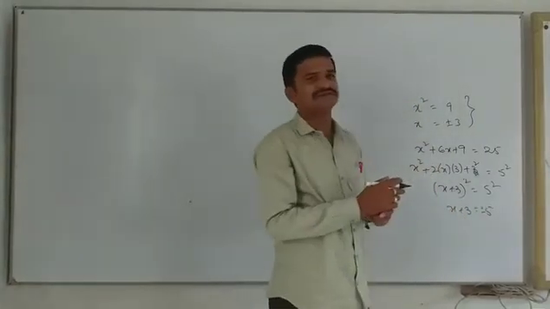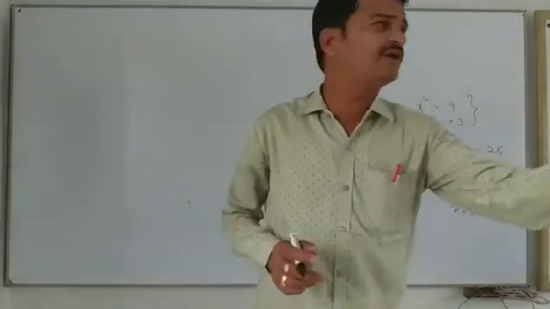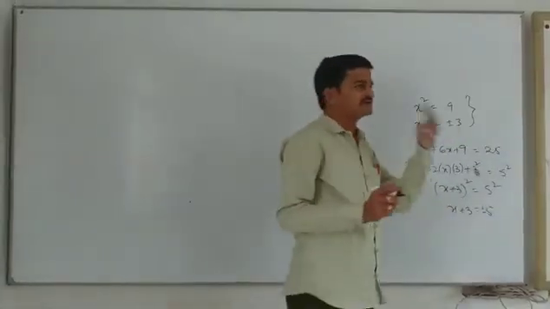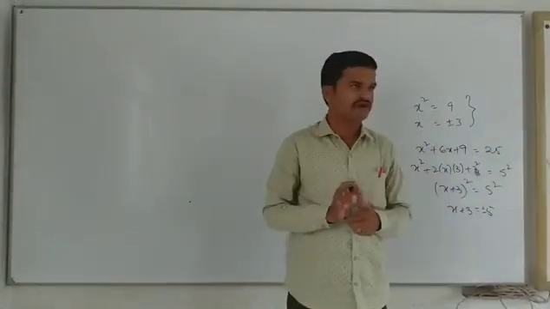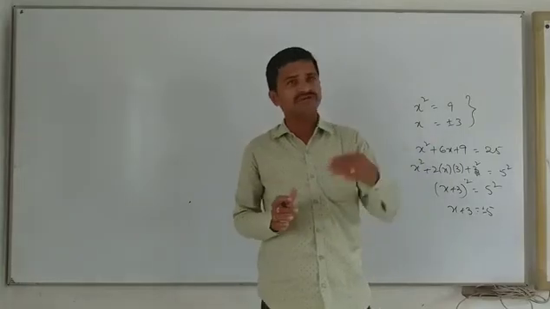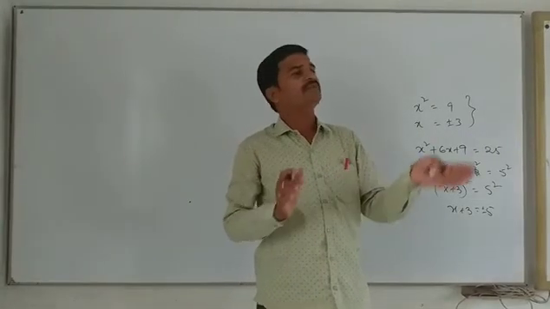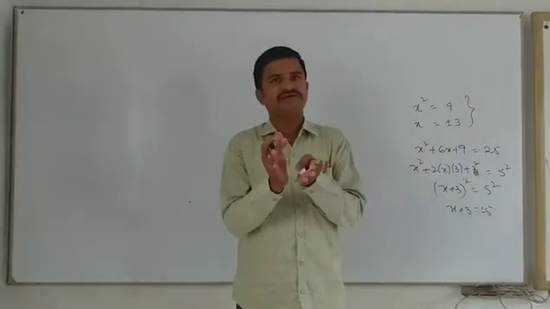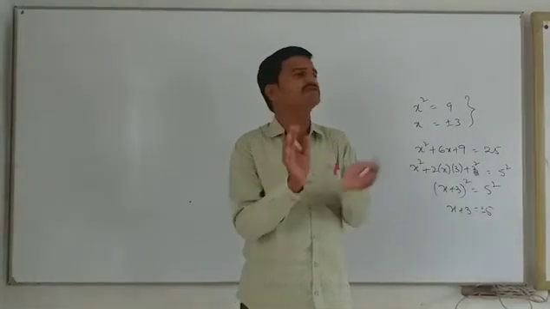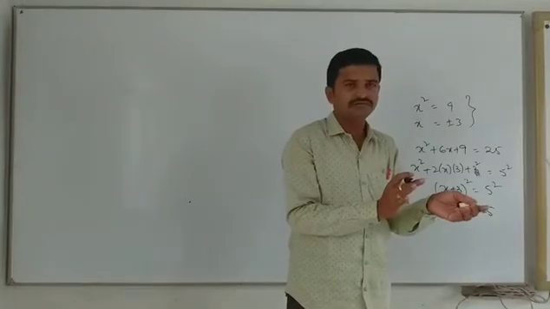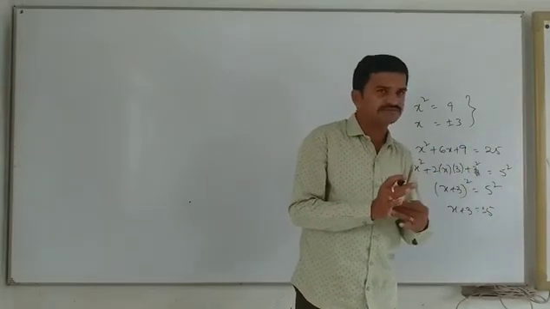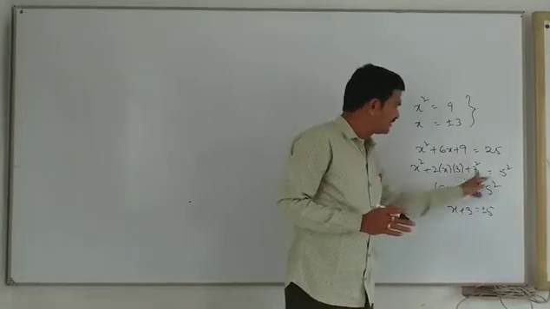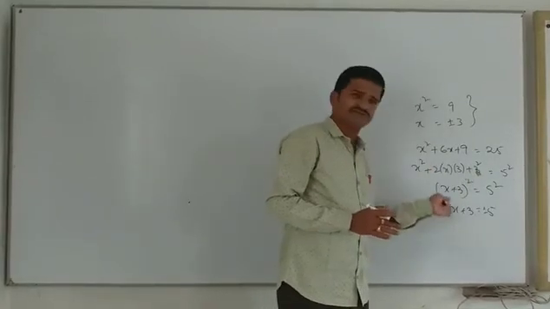But in the question, it may not always be directly in the form of a perfect square. We have to reduce it into a perfect square form. How can we get the given quadratic equation into a perfect square form? There are some steps. After getting this completing square form, the solution is easy for you.